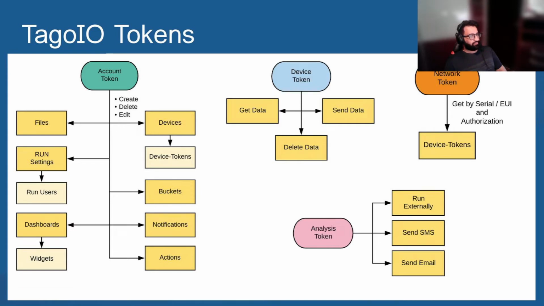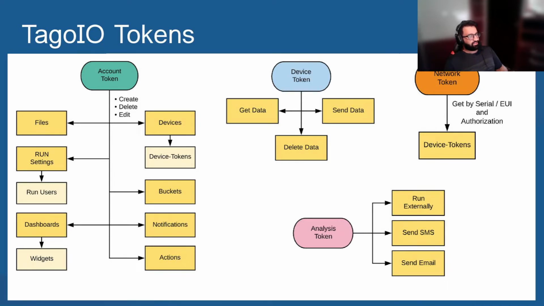TagoIO has a few tokens available for authentication under several different services that we provide. The most important one is the account token, also known as profile token. This is a token you will find under your profile settings.